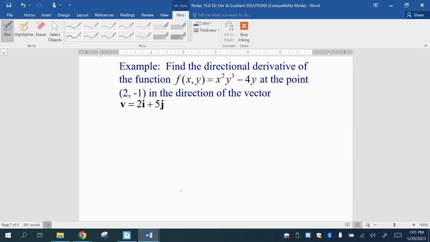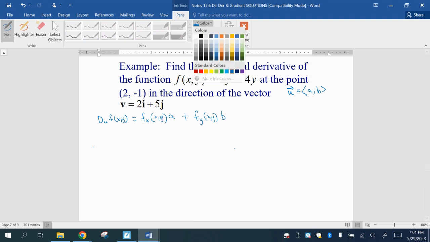We have the directional derivative of f(x, y) is the partial with respect to x times a plus the partial with respect to y of (x, y) times b. And remember that a and b are the parts of the unit vector. So let us review.